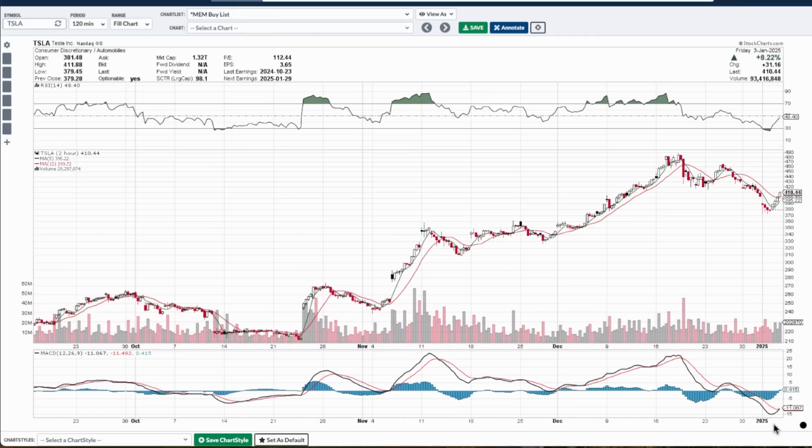We are seeing a MACD black line up through the red crossover, that RSI poised to turn positive. We're not quite there yet, but keep an eye on that shorter term chart, as it will provide you with insight for the near term potential for Tesla.